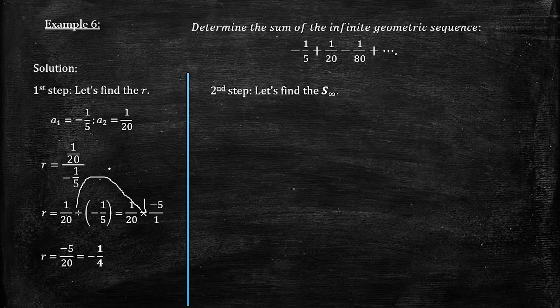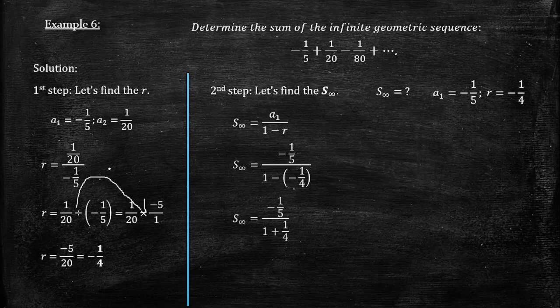Second step, let's now find the S infinity. For finding the S infinity, we need the value of the first term and the ratio. The first term is equal to negative 1/5 and the ratio is equal to negative 1/4. Let's copy the formula. Substitute the values. So negative 1/5 divided by 1 minus negative 1/4.